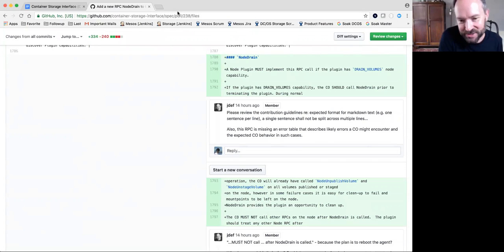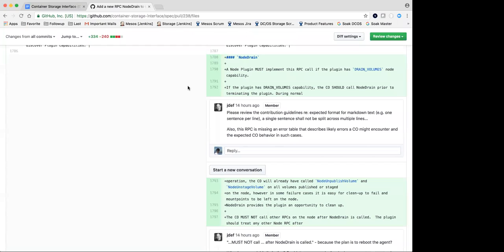In the case of Mesosphere, does it make sense to do this at startup rather than shutdown? In a way, it doesn't matter, right? If the idea is that we've got leftover mounts or leftover mount points that don't actually have fuse processes associated with them, or things like that.